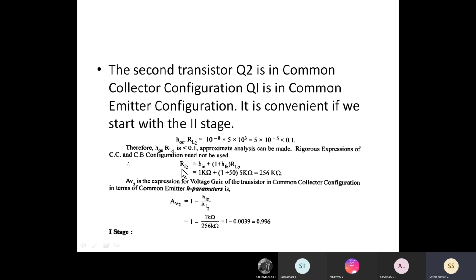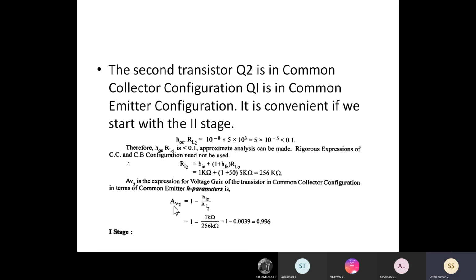So why do you have to calculate the internal resistance of the second transistor? We have to calculate the voltage gain. Generally, the voltage gain formula is output voltage divided by input voltage. For this case, we don't know the output voltage, and we couldn't calculate the input voltage because they are cascaded. If you know the previous stage output, you can easily substitute it there.